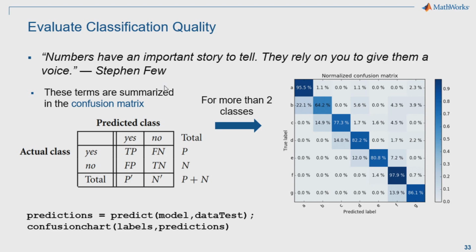In case you have to model a classification problem with more than two classes, typically your confusion matrix will look like this, in which we have exactly an n by n matrix, where n is the number of classes.